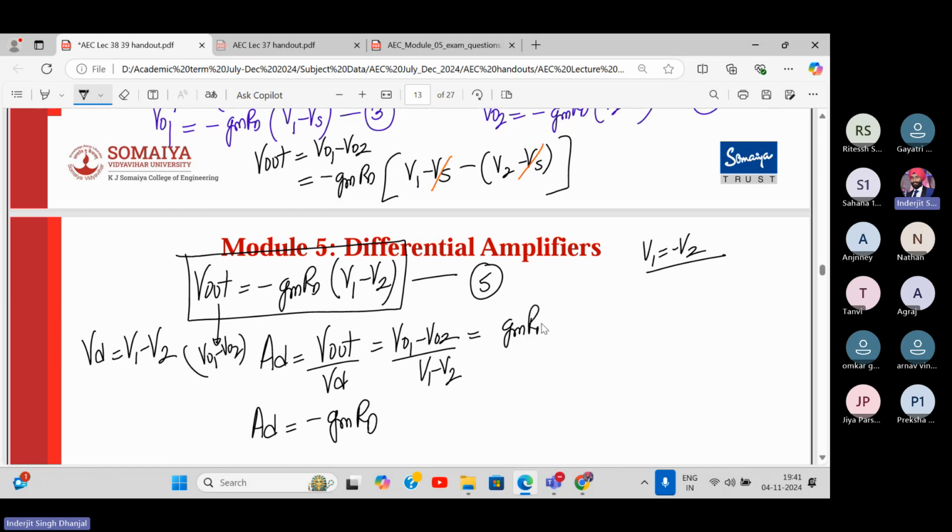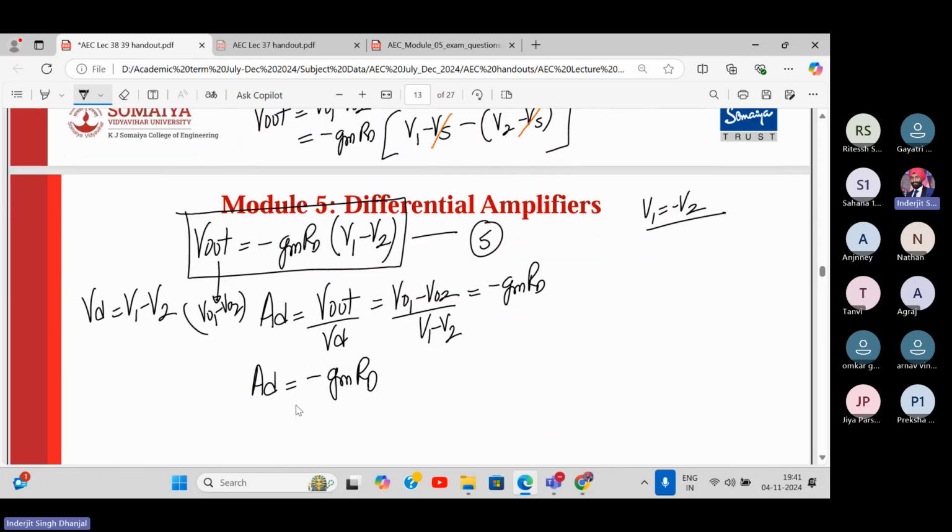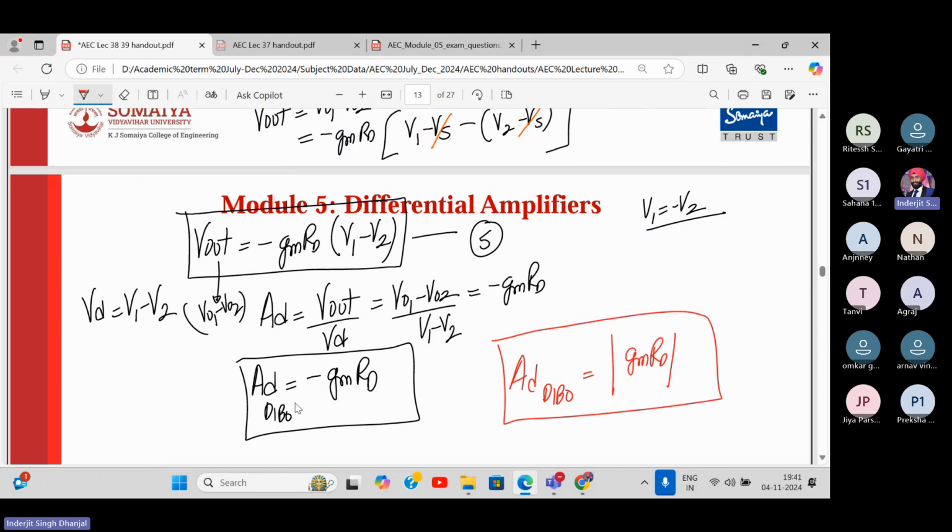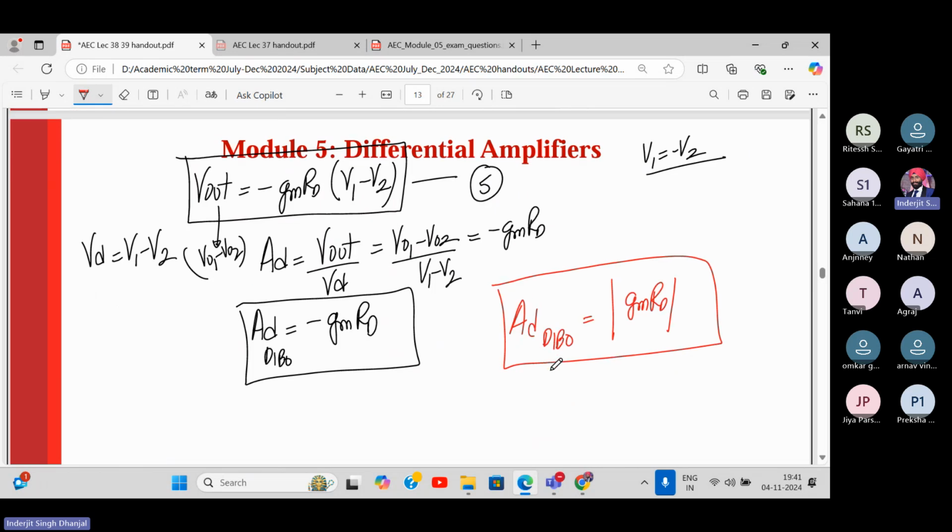So that will be minus GmRD. And that's the derivation for DIBO. Now you will say, sir, why have I written plus? It's always considered to be magnitude. So AD for DIBO will be mod of Gm RD. What does the negative sign indicate? That input and output are out of phase with each other. That's it. Correct. So that's the derivation for differential mode gain.